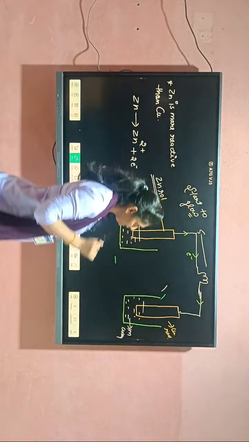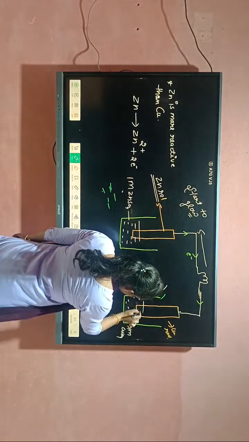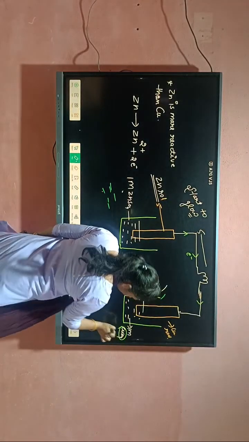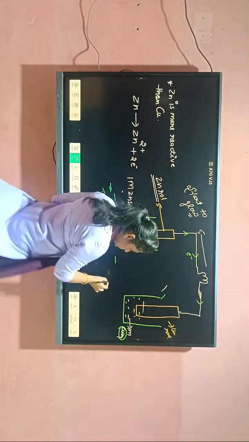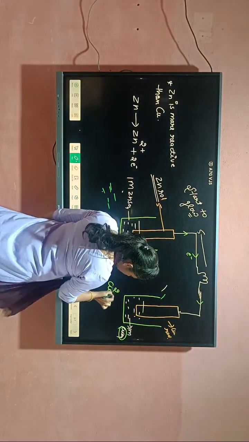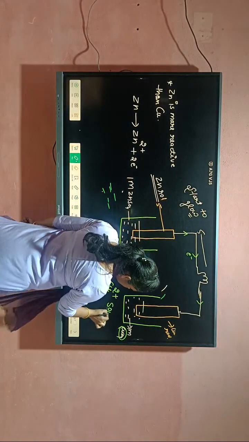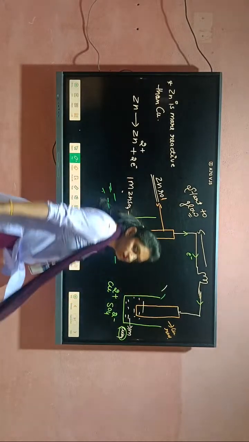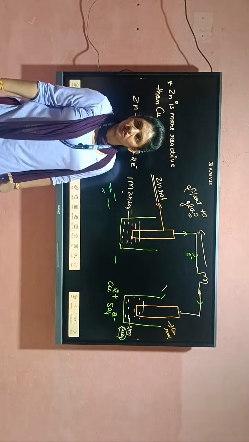And students, here what will happen? CuSO4 means Cu2+ and SO4 2-. I can write in this way or not?